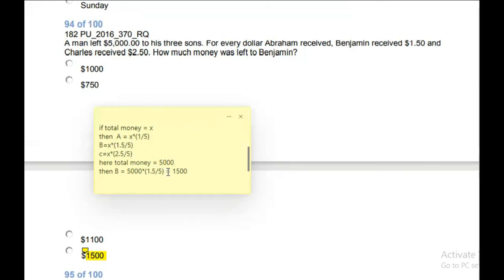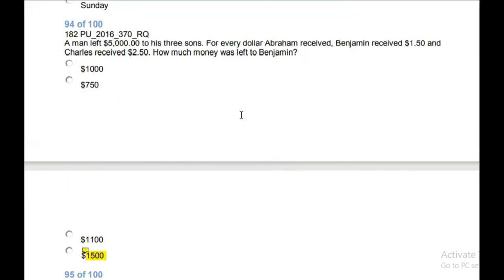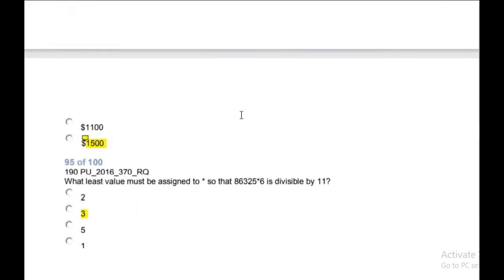So the money going to Charles is 5,000 into 2.5 by 5, that is 2,500. So here the answer is the money going to Benjamin, so it's 1,500. Option D is correct.